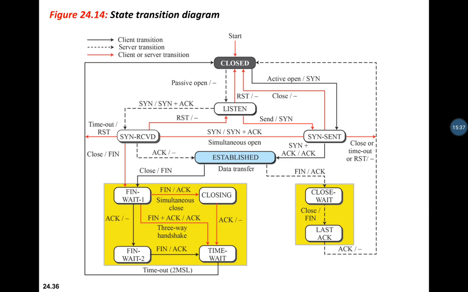Next, the dotted black lines, which are dashed lines, are the transitions that the server normally goes through, and the solid lines are the transitions that the client normally goes through. That is what we have to know. With respect to this, first we can see that the client process issues an active open command.